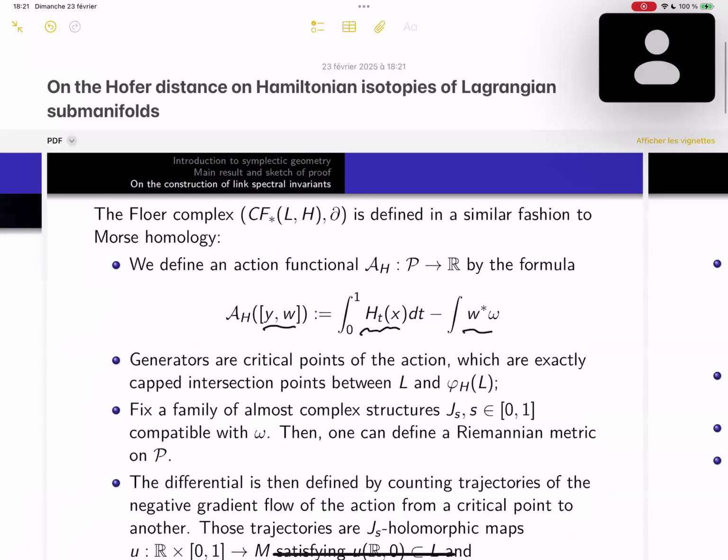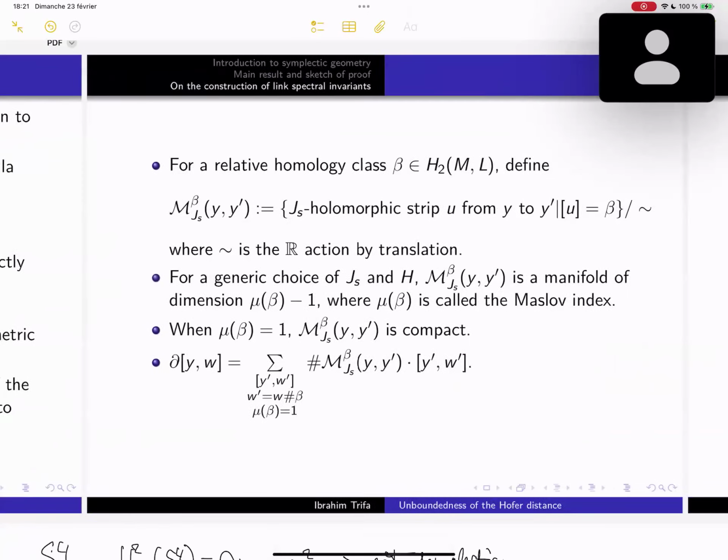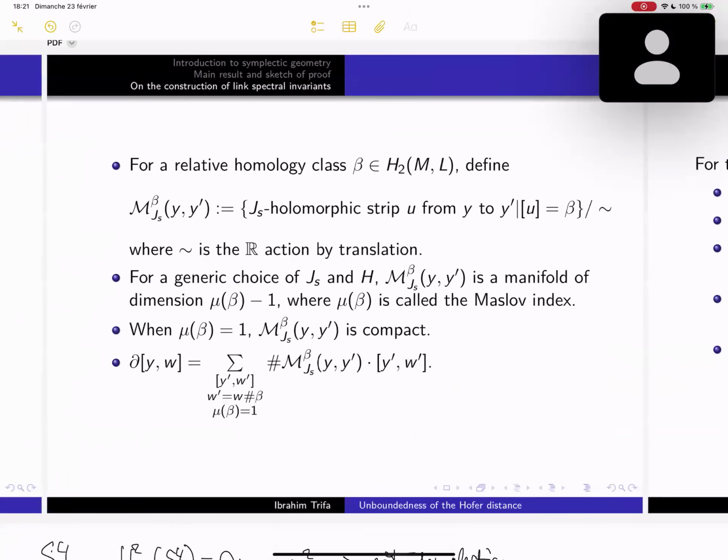So to define the differential on our complex, we will count such holomorphic strips. So for a relative homology class beta in H_2(M, L), we will define the moduli space of J-holomorphic strips from y to y prime in class beta.